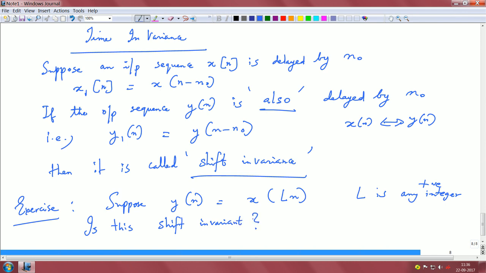I mean, whatever I did just now, I said y of n is x of L times n, and this process is called decimation, and we will deal with this extensively in the multi-rate signal processing module. So I want you to examine if this decimation process is shift invariant.